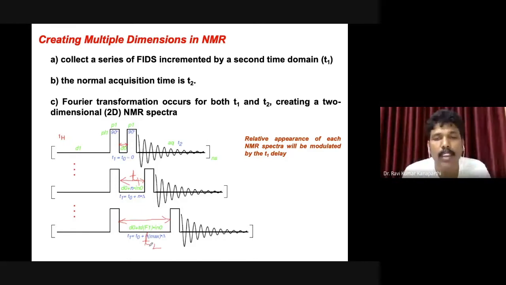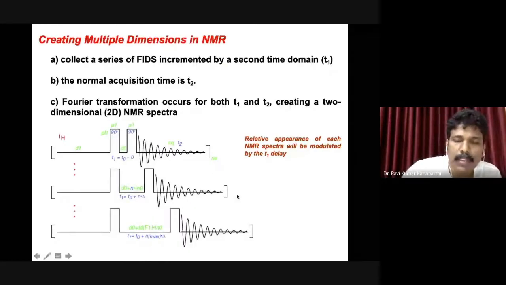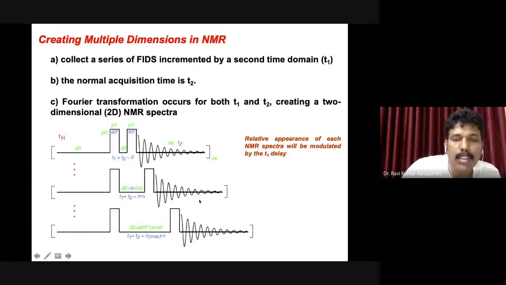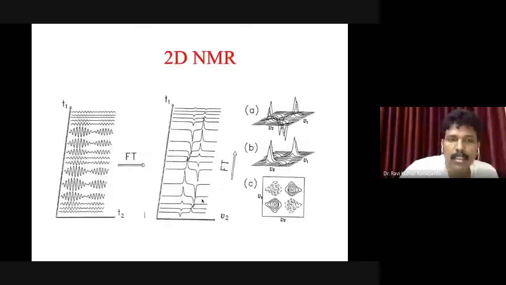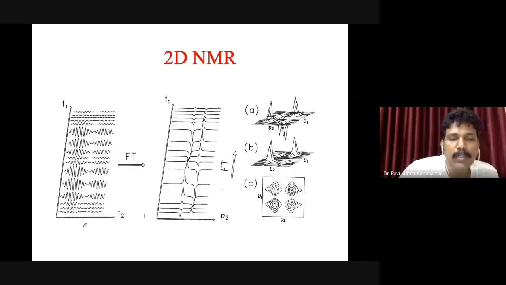When it comes to the processing, this is one FID, and this FID is exactly similar to that of a simple one-dimensional FID. If you process this FID, you will get the spectrum. The Fourier transform is done with respect to this axis in one case, and then later on this axis, both cases.